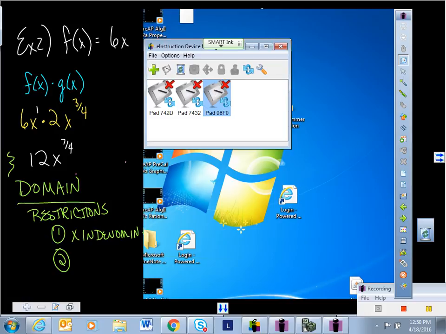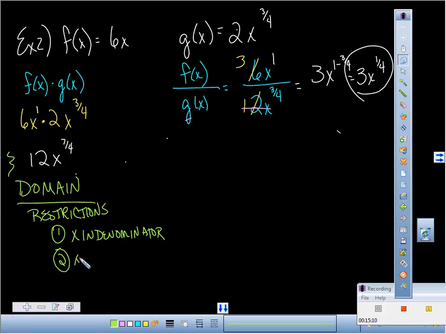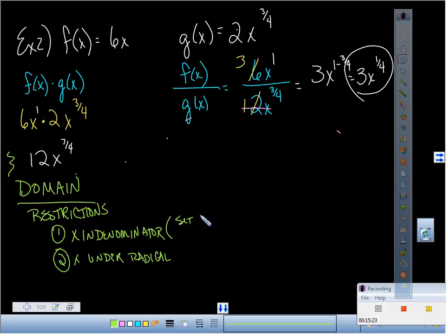All right, perfect. Okay, so your second restriction is an x under the radical. Now look, these are the things that you need to be writing. An x in the denominator, what are you going to do? Set the denominator equal to 0, solve, exclude that from the domain.